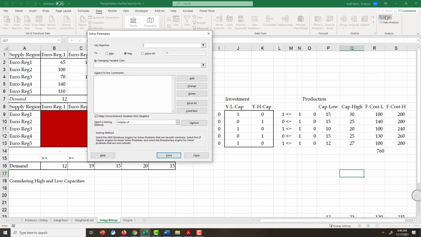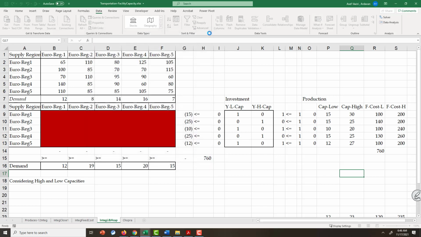Solver. The first thing is to define the objective function value. Sum product. These costs multiplied by the volume of product delivered to each destination. That is transportation costs.